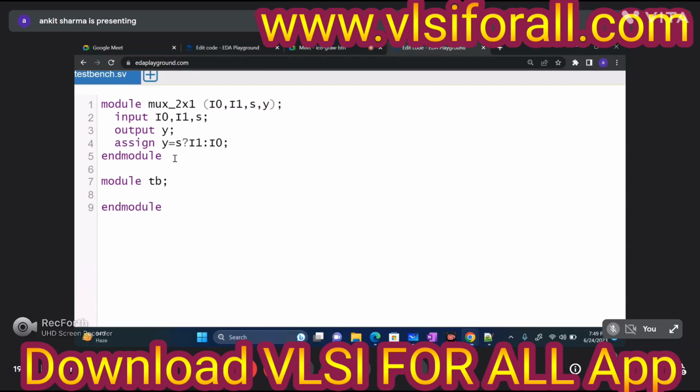I am not teaching this, I am just creating imagination. I'm not teaching you how to write the code. I'm just showing you how we are describing.